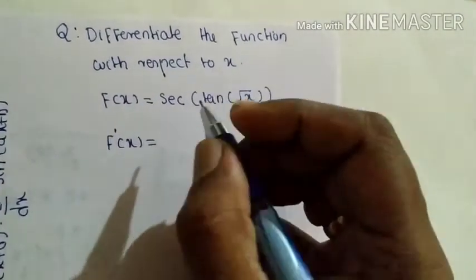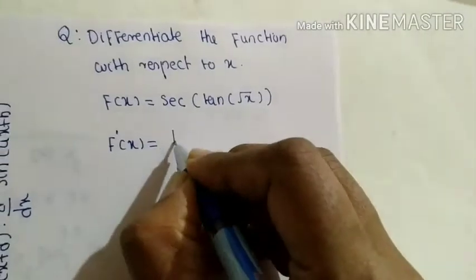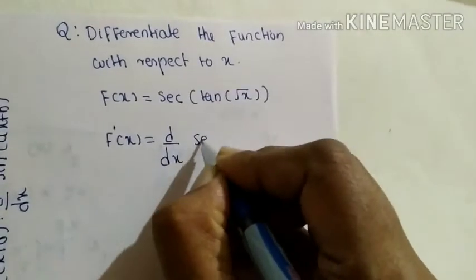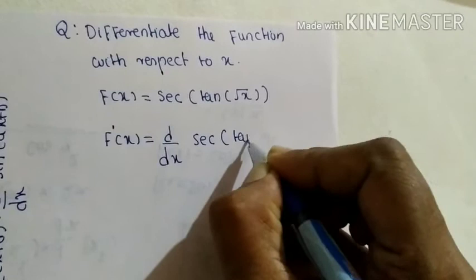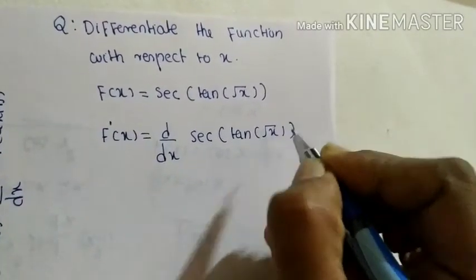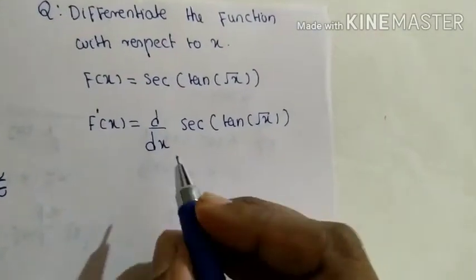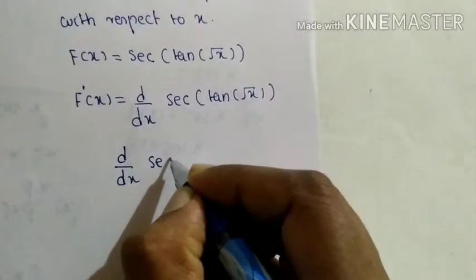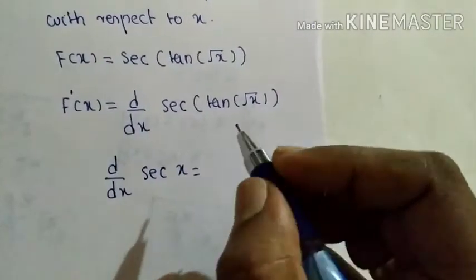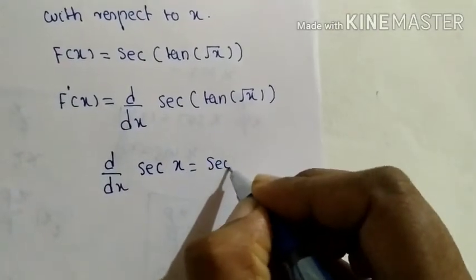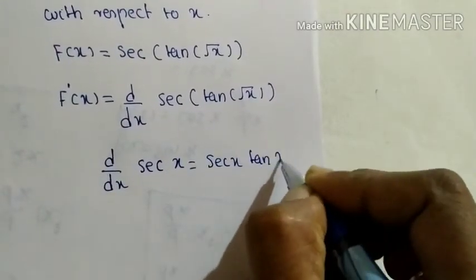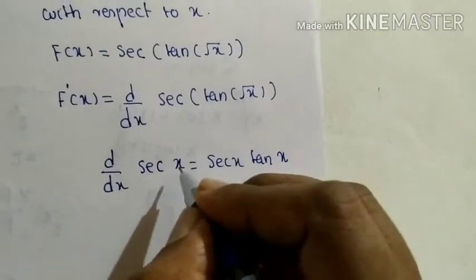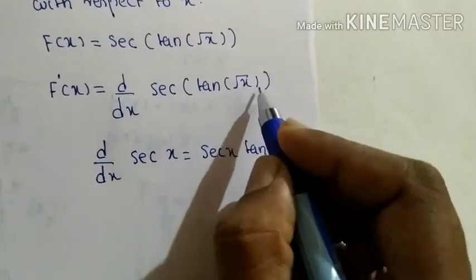what is the derivative of sec x? D by dx of sec of tan of root x right here. And we know that the derivative of sec x, first function in standard form is sec x. So derivative of sec x will be sec x into tan x.